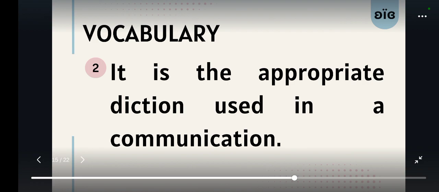In teaching listening to the students, it is important to put into mind the vocabulary, and it is the appropriate diction used in a communication. So when we are speaking, it doesn't only focus on the grammar, of course, or the manner that we speak. It should also focus on the diction, the choice of words, or the vocabulary that we have.